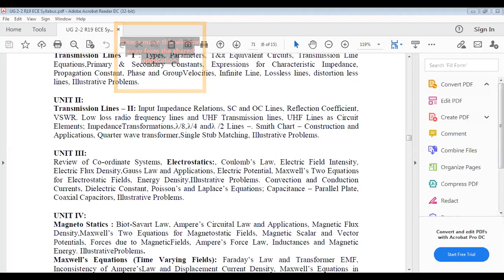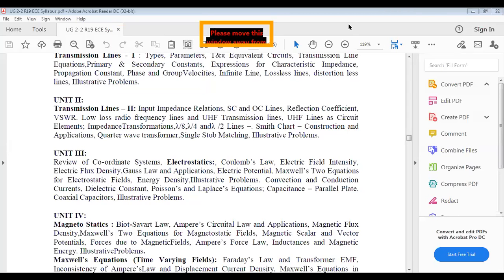So far we have learned the concept of coordinate systems, right? But where exactly is it applicable? We don't know. This is the application part of the coordinate system.